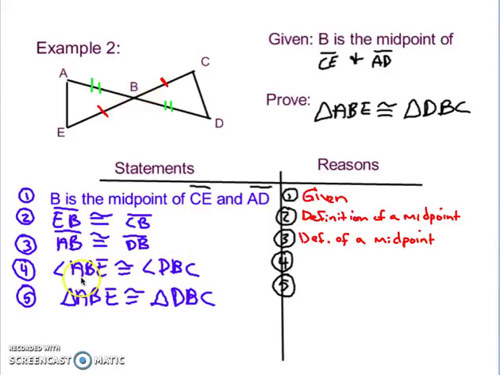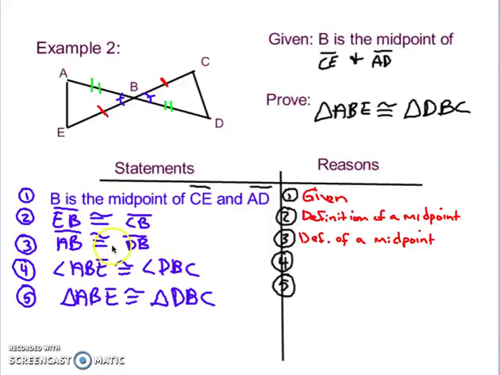For our next statement, it states that angle ABE is congruent to angle DBC. So we're just going to draw those in here. Angle ABE is congruent to angle DBC.